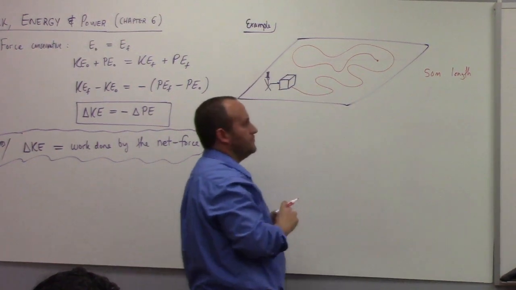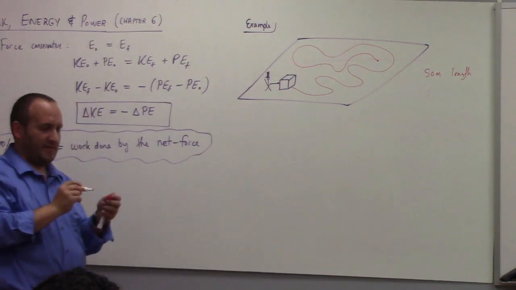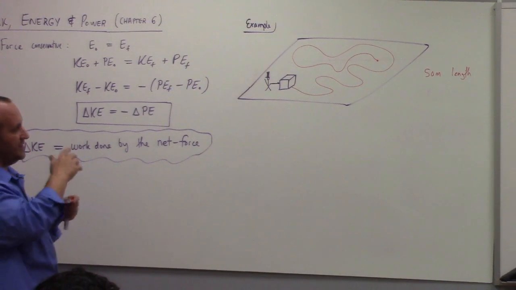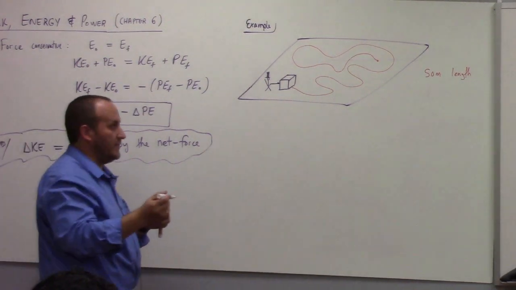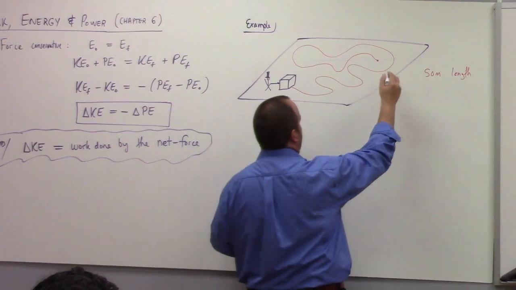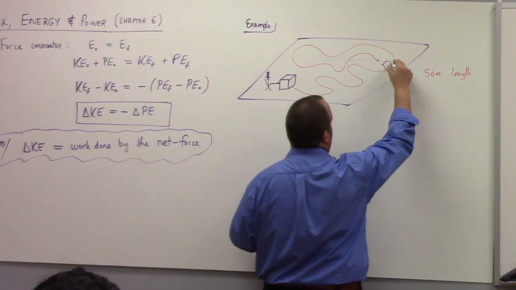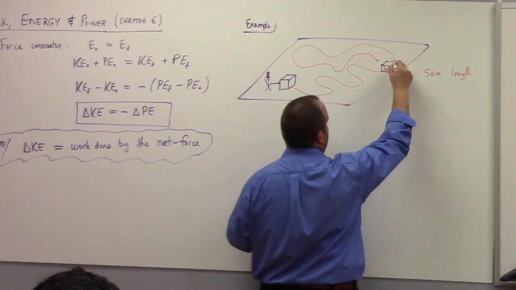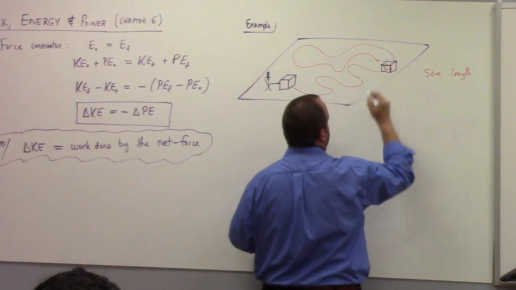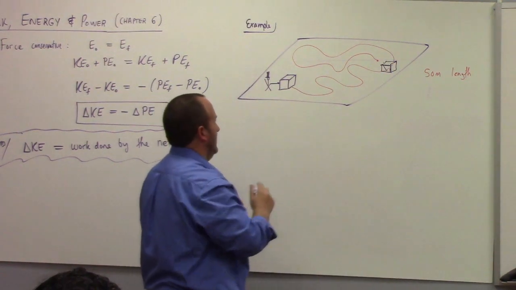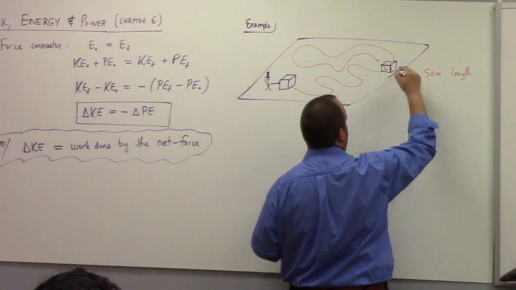But Mr. Top Hat's always pushing the box along this path, right, at constant speed. So over here it's, I can't draw. And so forth.